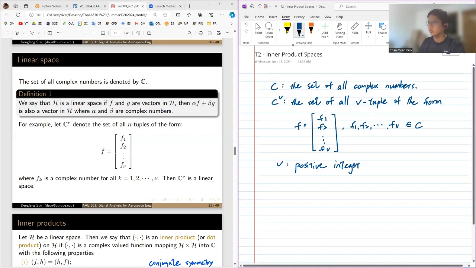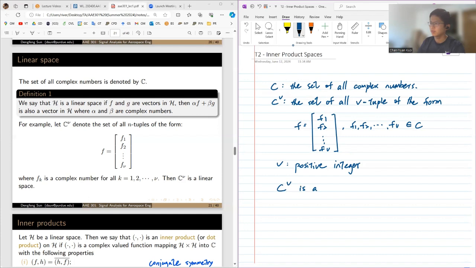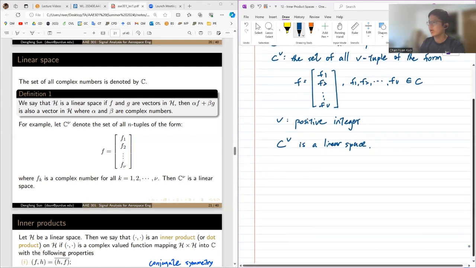And now we are going to show that C^n is a linear space. To help you understand better, let's just assume that n is equal to 3. So I'm going to show you that C^3 is a linear space.